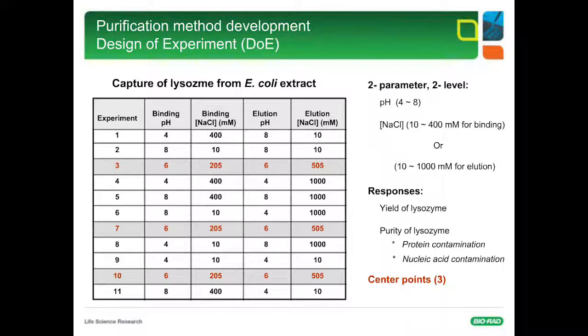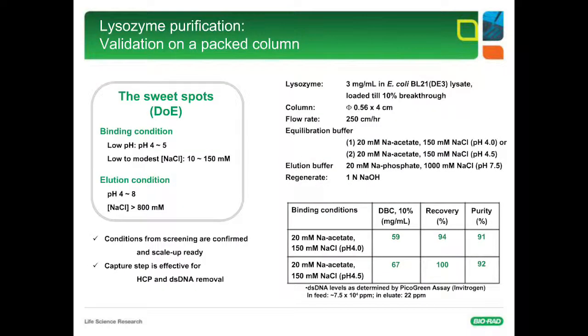Now let's see the results from the DOE screening. This can be done really quickly because the binding and the elution can be done within 30 minutes, and we do gel analysis to check the purity within an hour. Then we can plug in the binding capacity and do a DOE analysis to get roughly the purification conditions, or the sweet spots for the purification.